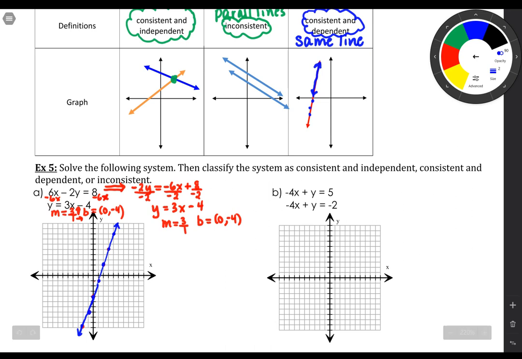So remember, when it's the same line, it's infinitely many solutions. So that's the number of solutions. And part two, that would be called consistent and dependent.